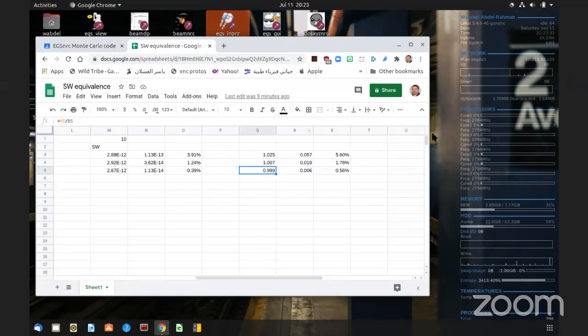Because if I remember correctly, TRS 398 actually allows using phantoms other than water, and they give you a correction factor for that phantom.